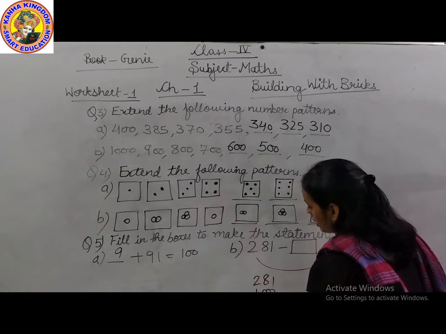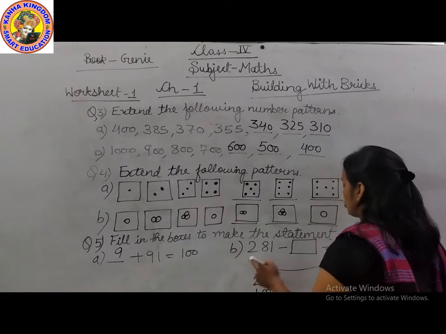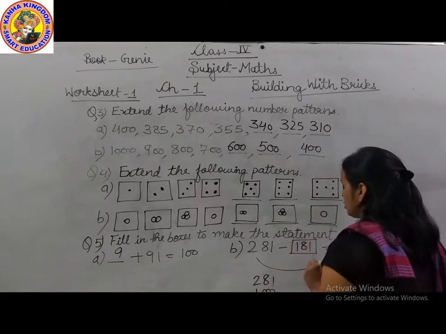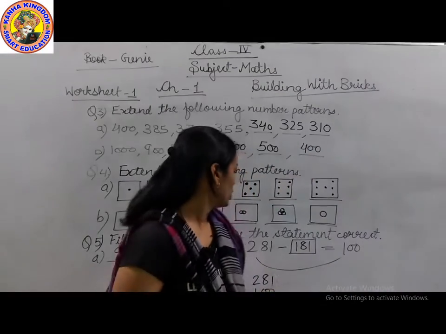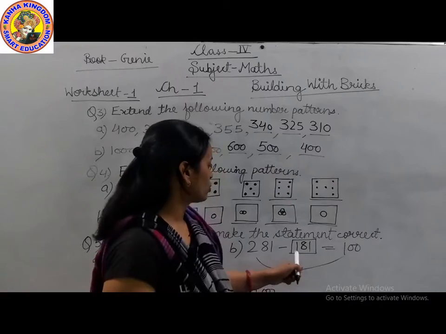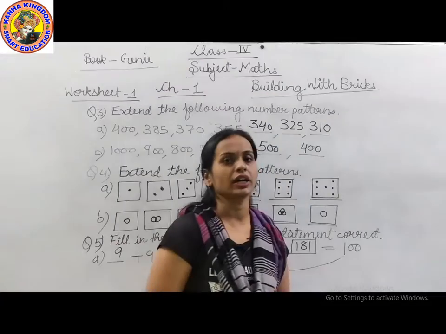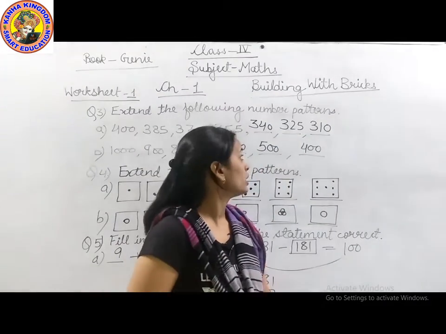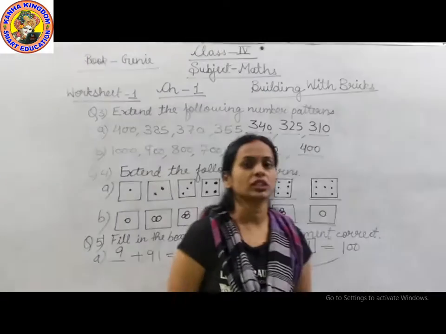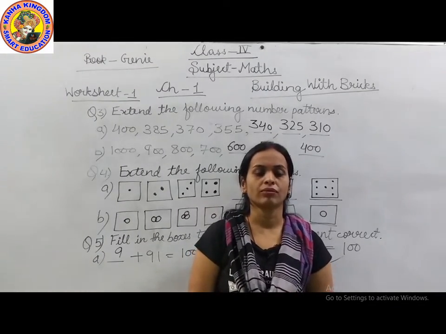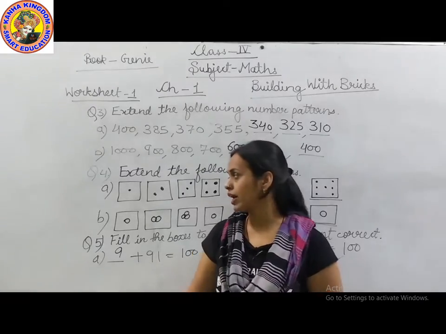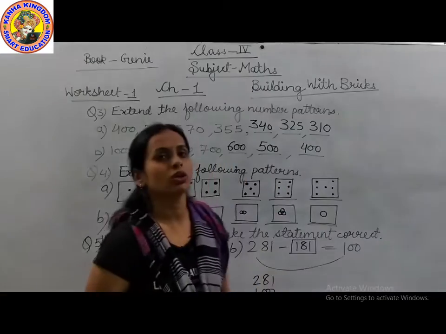So 181. So 181 is the answer. Means 281 minus 181 equals 100. Okay. Write down these questions in your Genie book and the rest of the questions of question number 1 to 5, solve in your Genie book.